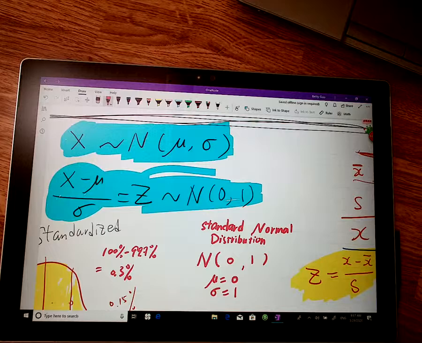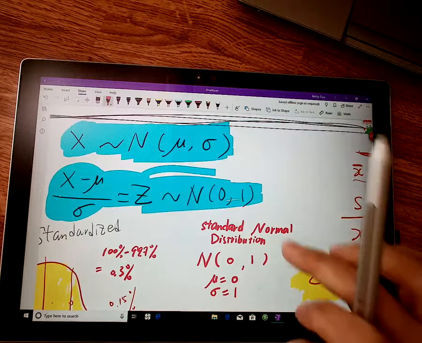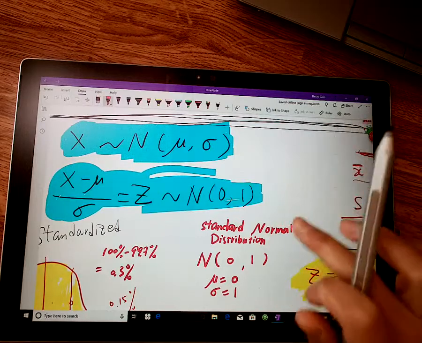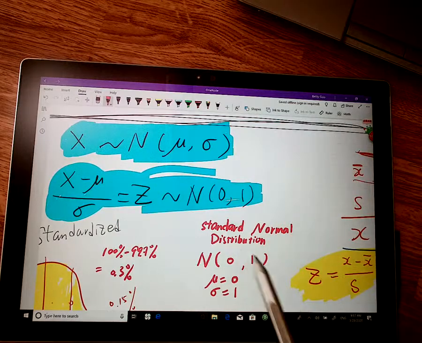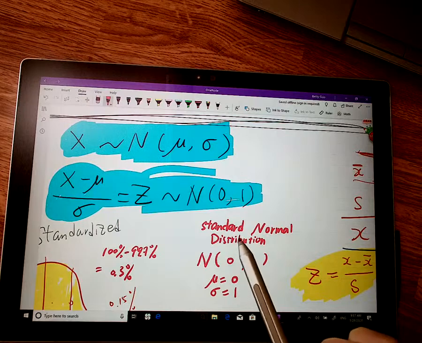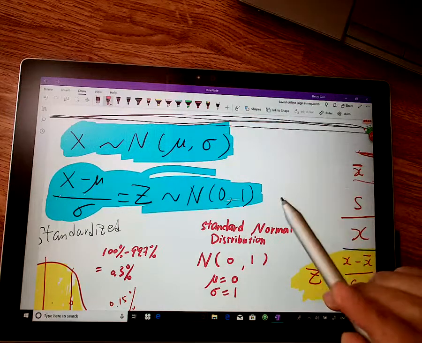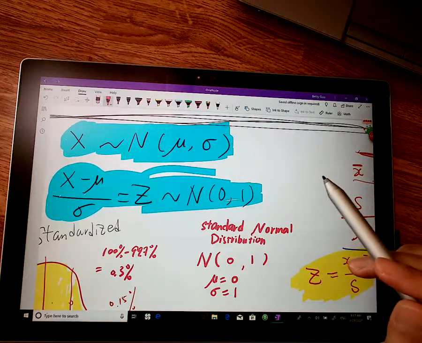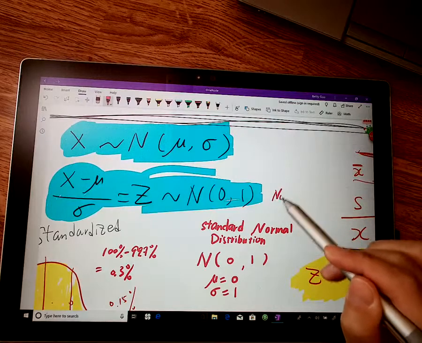Standard normal distribution is a normal distribution with mean equals 0, standard deviation equals 1. It's special. Okay? Then if a normal distribution is not standard, we call it non-standard.